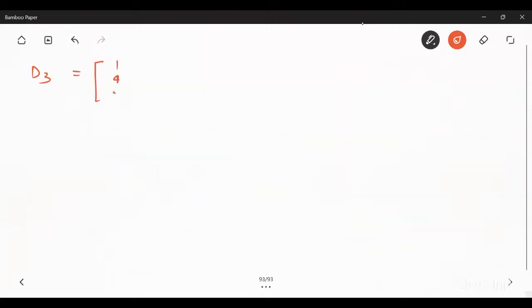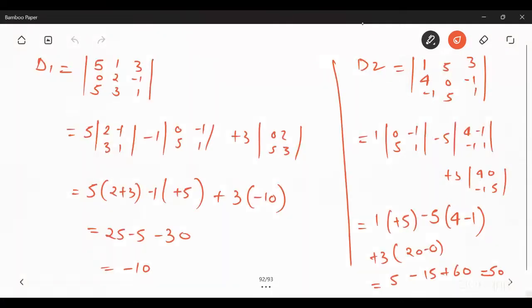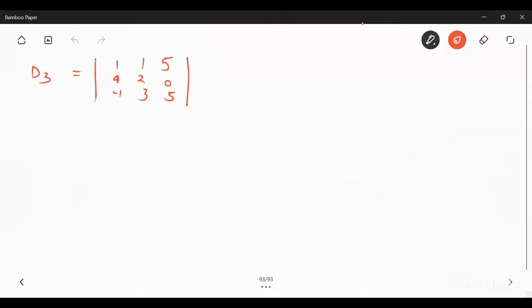And the third column is 5, 0, 5. Now solve for delta 3.